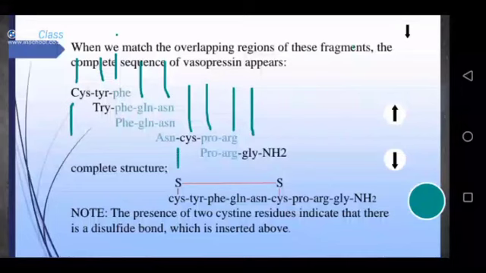You can see it right here in this complete structure of vasopressin that we propose after doing all this. That is all about this sequencing problem. All you had to do was match together the overlapping regions and come out with your complete structure of vasopressin, or antidiuretic hormone.